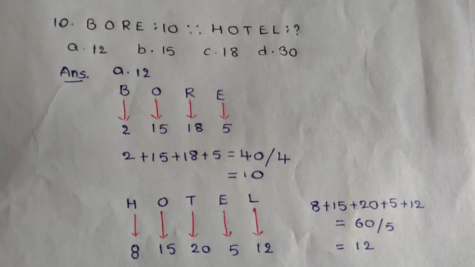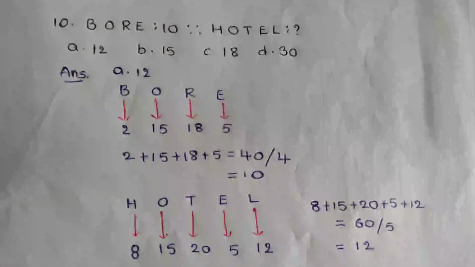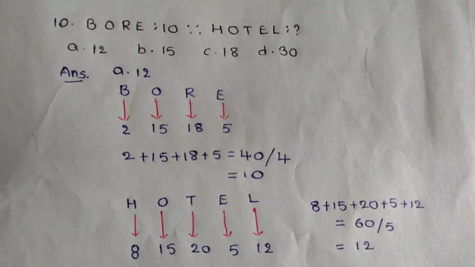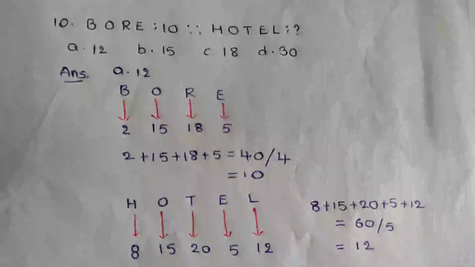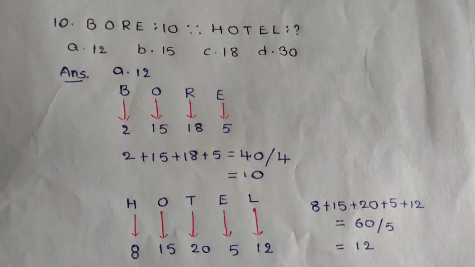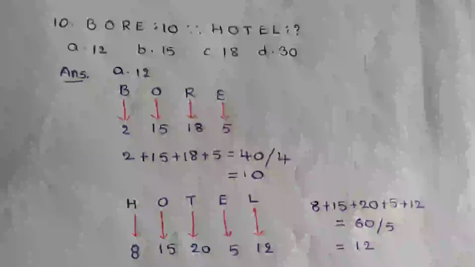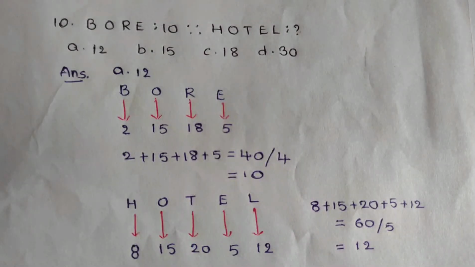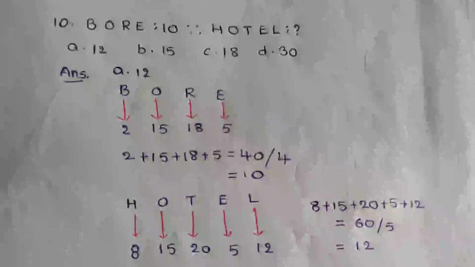So applying the same condition for HOTEL, the code for H is 8, for O it is 15, for T it is 20, for E it is 5, for L it is 12. So adding all these numbers 8, 15, 20, 5 and 12, we get 60, right? And now we have 5 alphabets, and if we divide 60 by 5, we get 12. So the answer will be option A.